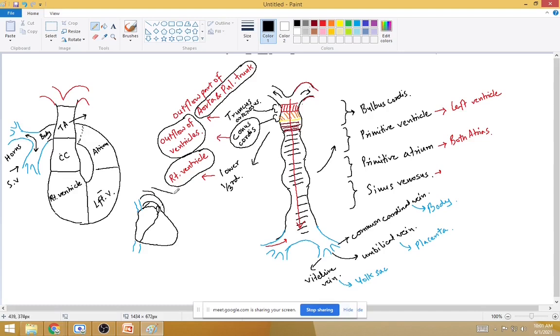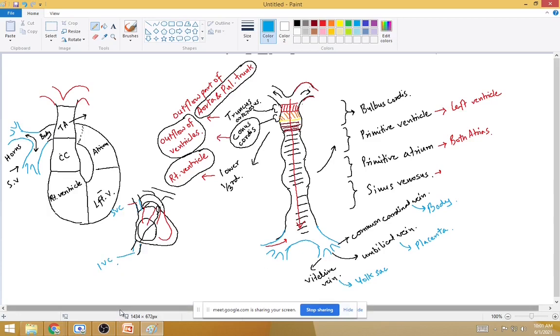The pulmonary trunk is like that on either side. These are the vena cavas. The right ventricle has this outflow, the left ventricle has that outflow. This is the superior vena cava, this is the inferior vena cava.